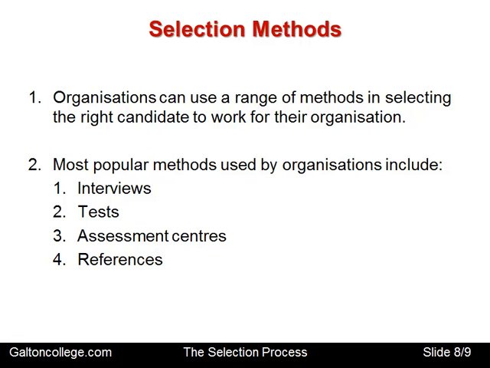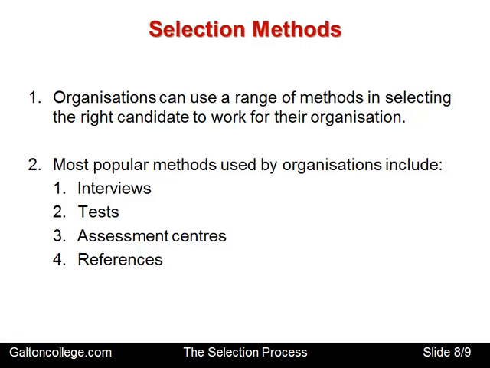References are based on what someone in the past felt about the person. They pick up what someone else in authority, perhaps a previous manager or a teacher or a tutor of some sort, or someone of responsibility who was in contact with the applicant in the past, felt about their particular abilities, their skills, their aptitudes, their achievements, but also look at their weaknesses, what they could not do or what they found difficult.